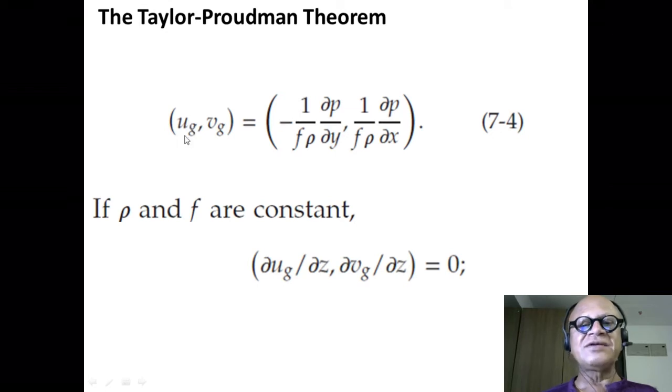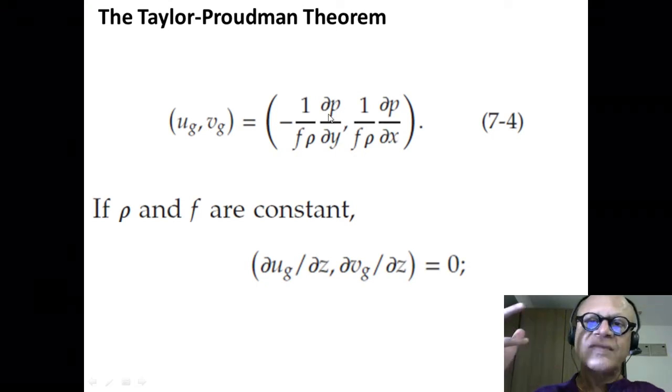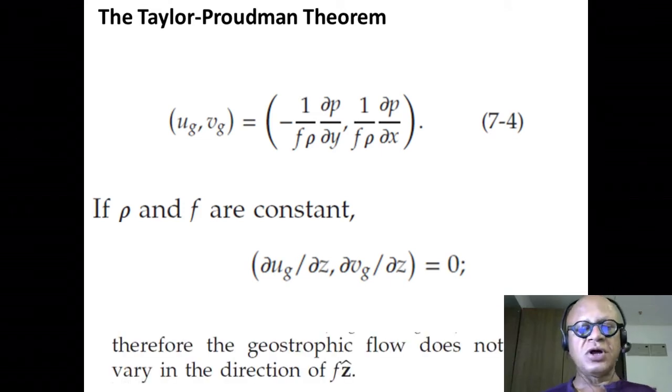We can take the z derivative of these, so du_g/dz will be minus 1 over f rho d/dz of dp/dy, and dv_g/dz will be 1 over f rho d/dz of dp/dx. Obviously, what are we doing? As soon as you hear dp/dz, hydrostatic balance should come to mind.